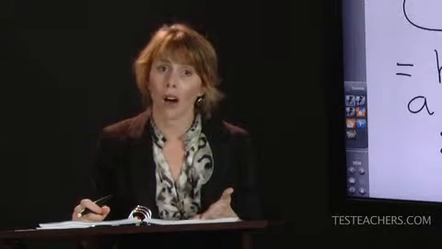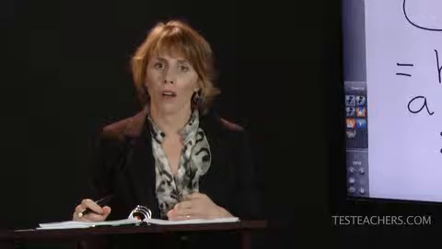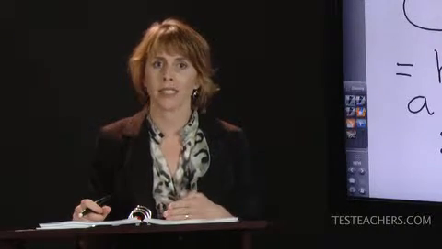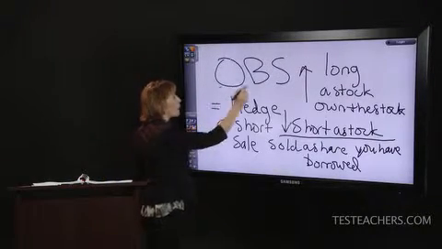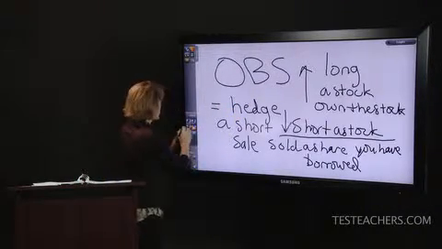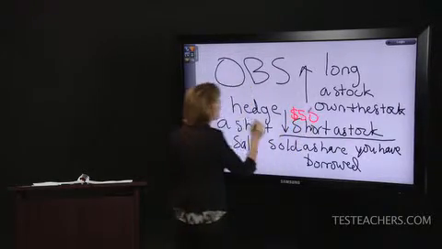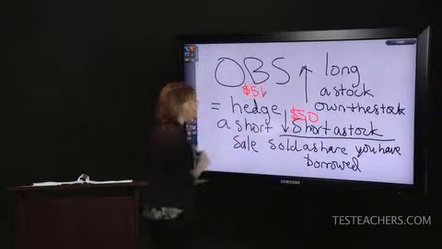You could buy a call to hedge your short sale, but when you buy a call, you have to pay a premium. So an even better way to hedge your short sale is to enter an open buy stop. So let's say that you just shorted a stock at 50, and you enter an open buy stop at 51.